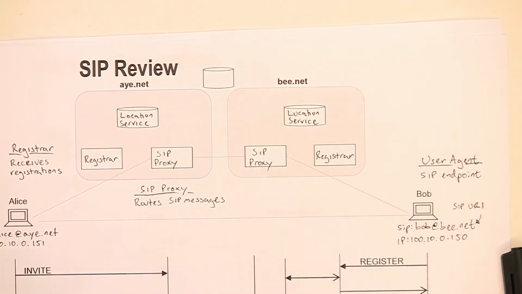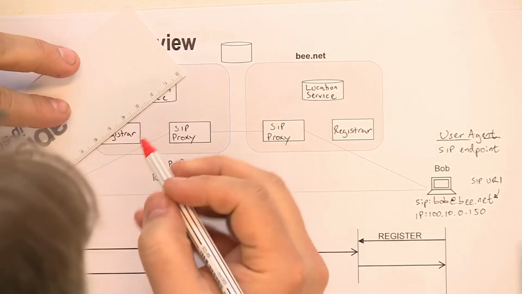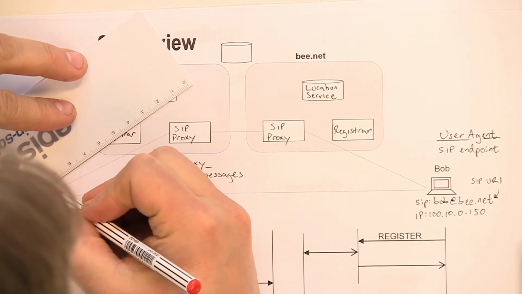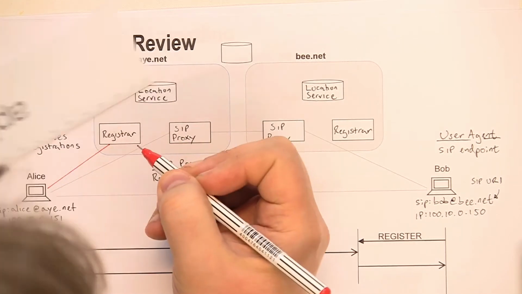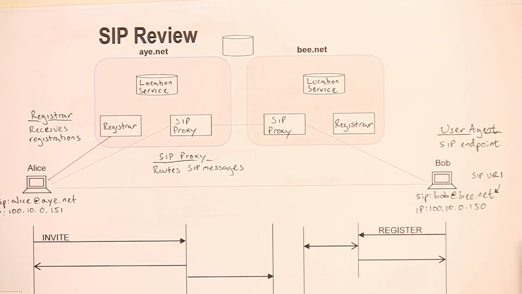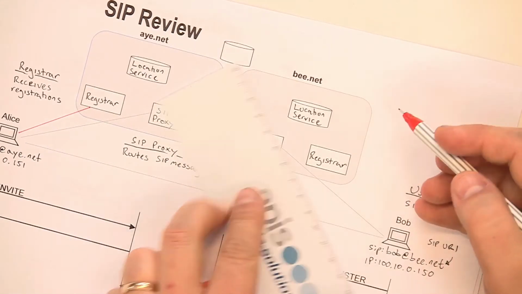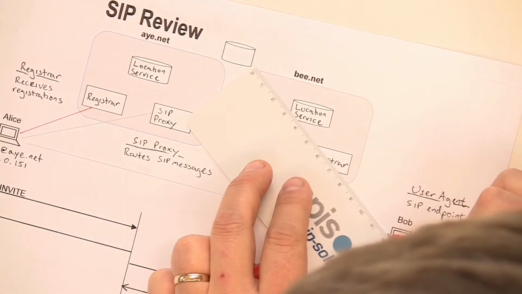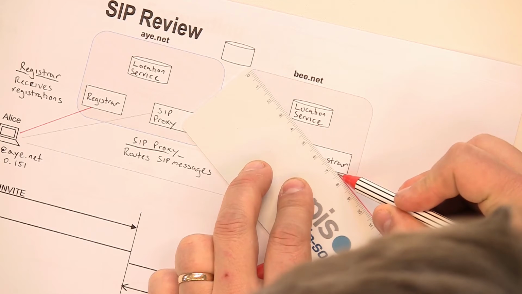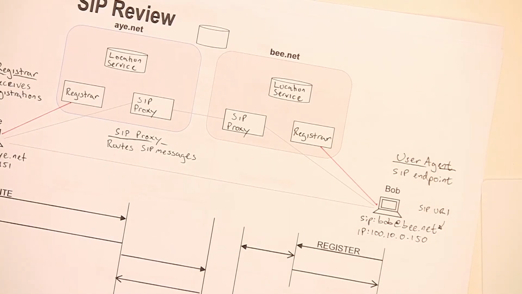So Alice sends her register to the registrar. So we'll just do this. This is a red line because this is SIP. And when Bob registers, he will send his registration to his registrar like this.